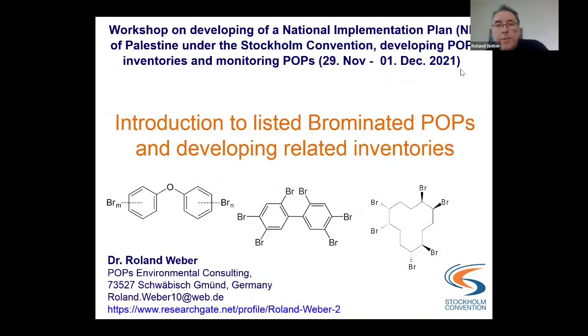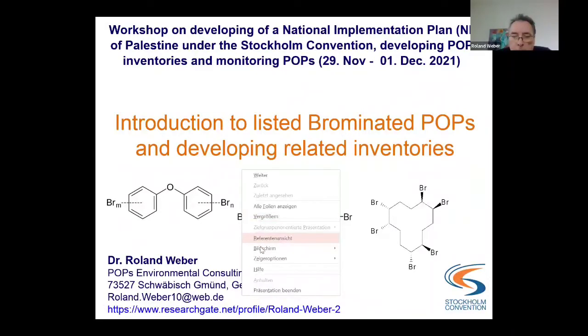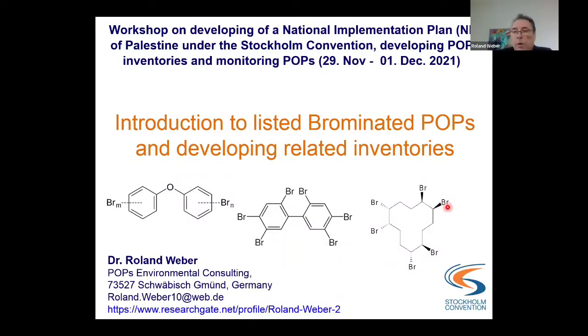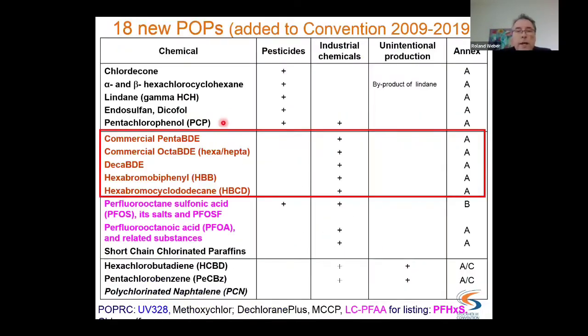So this presentation is about the introduction to the listed brominated POPs and to develop related inventories. You see here the structure of the listed POPs: the brominated diphenyl ethers, the brominated biphenyl in the middle, and the hexabromocyclododecane.